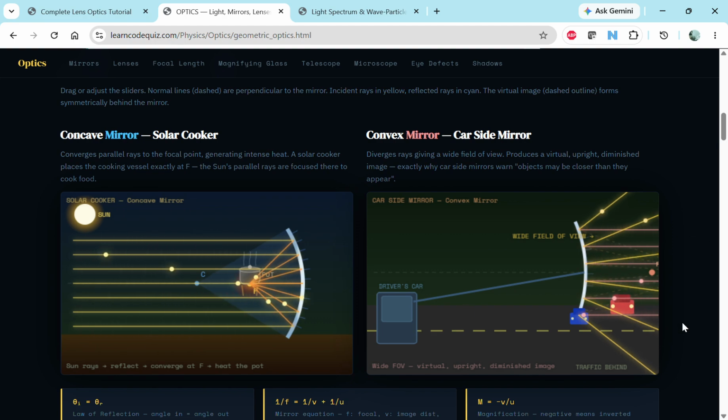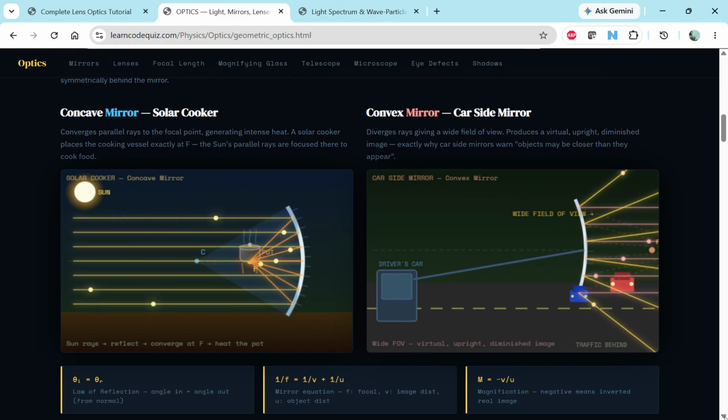The incident rays are coming right from the cars, and then they form an image which is smaller than the object. This light diverges, and the image that you see is a virtual image.